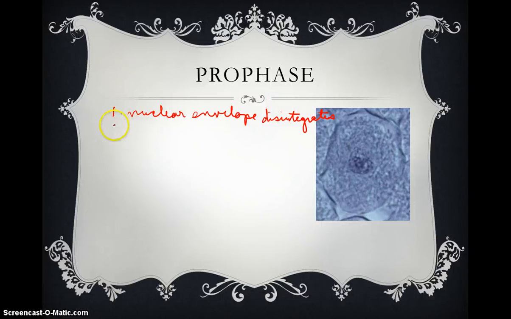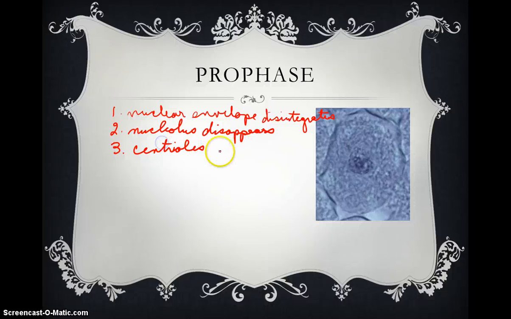Okay? Secondly, the nucleolus is going to disappear. Third, the centrioles begin migrating to opposite sides of the cells.